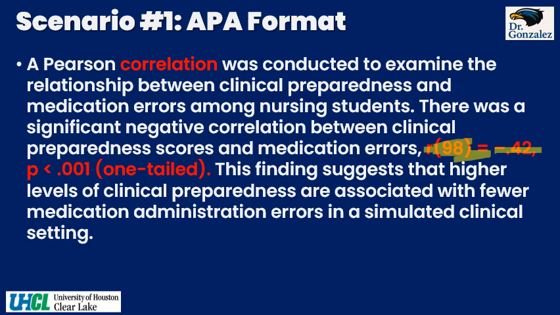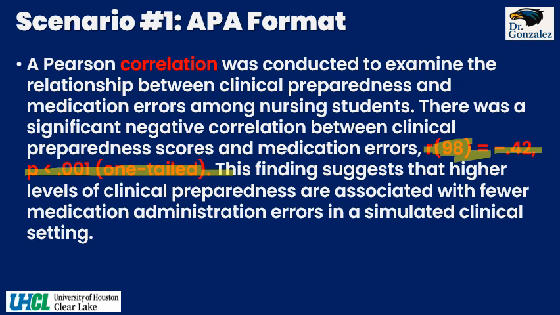When using Jamovi output, though, what we're looking for is that P level. It told me that my P level is less than 0.001. It is even more stringent than my 0.05. I said anything less than 0.05 is significant. So this is significant, and it's significant on a one-tailed level because I was only looking for that negative.